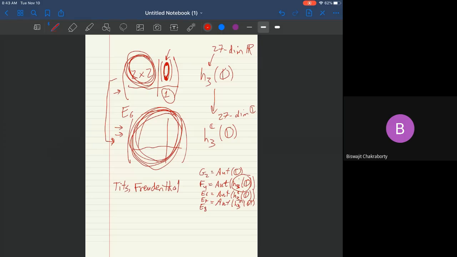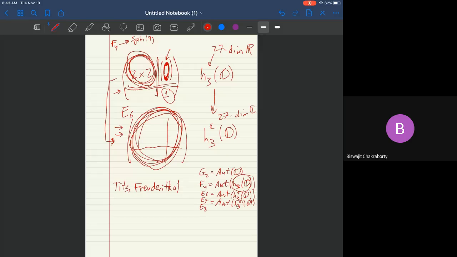Now remember, up here we had F4 as the full symmetry group, and then we had these two subgroups. The subgroup that preserved the 2 times 1 splitting up here was Spin(9).